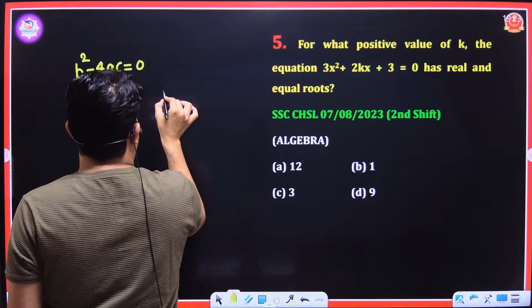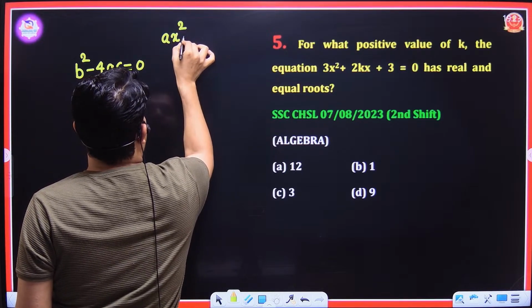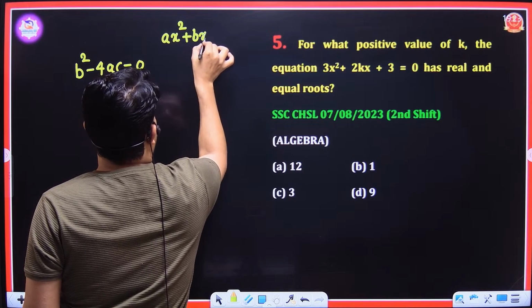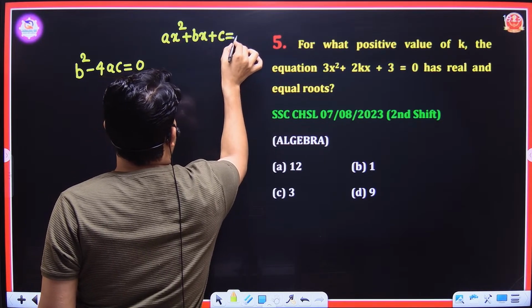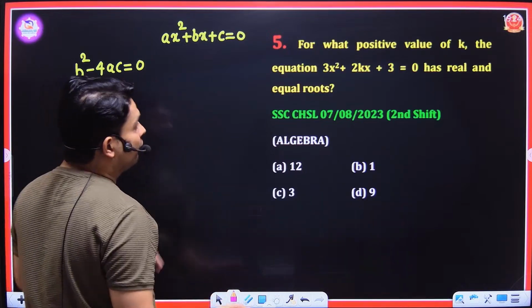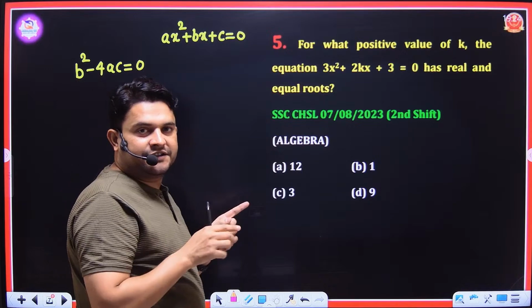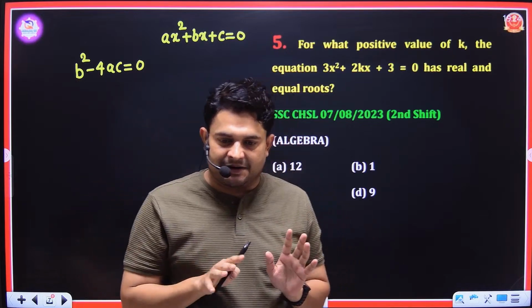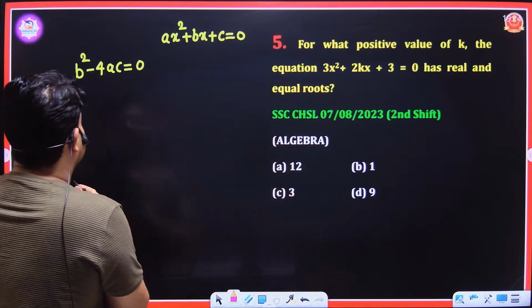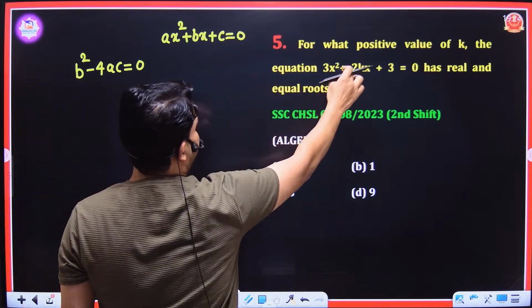If I have a quadratic equation ax square plus bx plus c is equal to 0, then its discriminant must be 0 for real and equal roots, and its complete theory and complete concept I will teach you in my class. See, b square minus 4ac equal to 0. Here what is b? The coefficient of x is b.